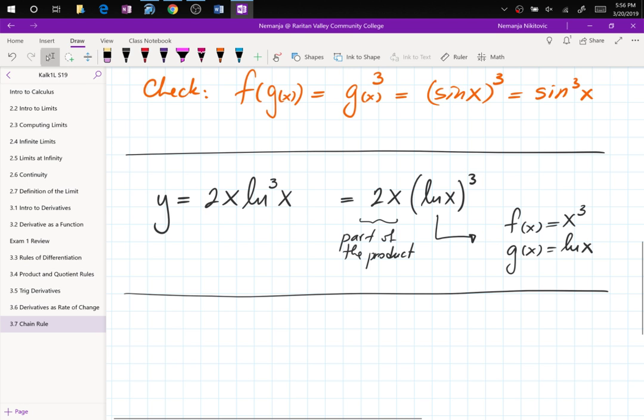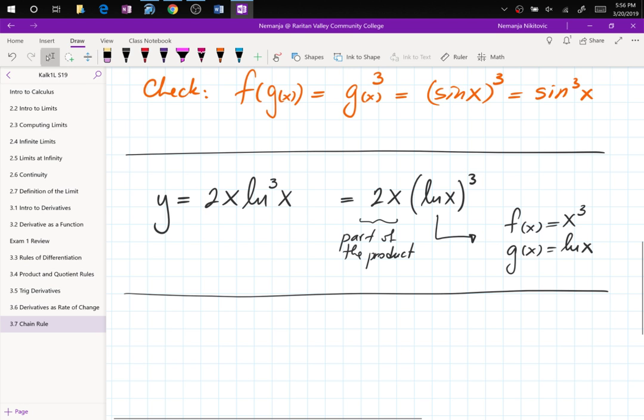What are the questions, concerns about the pre-calc? Yes. What do you mean the 2x is part of the product? If you are to take the derivative of this, you have two things that are multiplied. So this is product rule. But when you get to the part when you have to take the derivative of this, that's when the chain rule will kick in. We are not doing this yet.